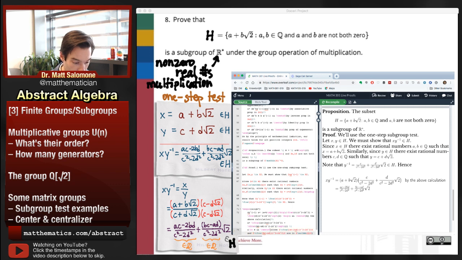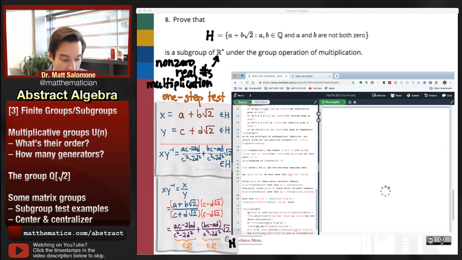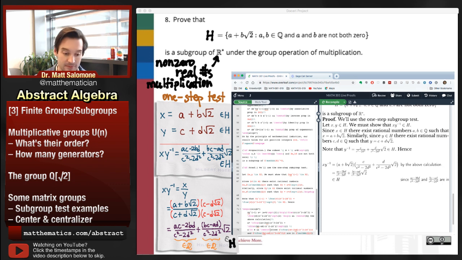And they're rational numbers because A, B, C, and D were rational numbers. This probably isn't going to fit on my screen. Let's find out. Yeah, it didn't quite fit on the screen. But we get the idea.